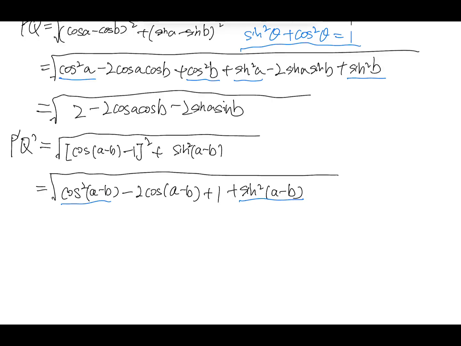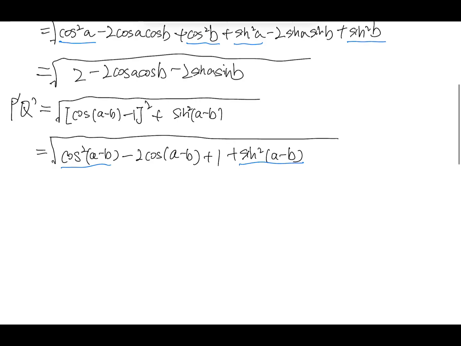The theta here not only just represents an angle, a number, or a constant, or a variable, it can also represent an expression. So here, you can get equals to 2 minus 2 cosine A minus B.